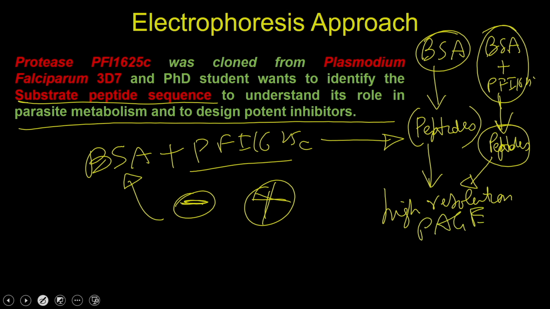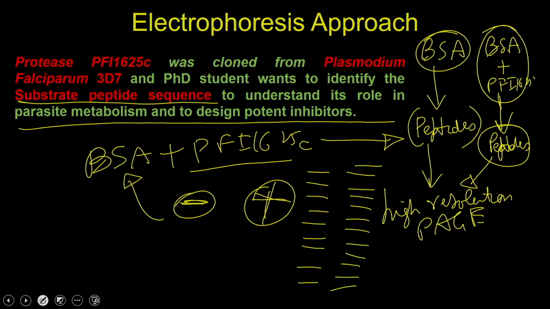When you do that, you are going to get the peptide sequences present in both samples. Definitely, with the protease present versus no protease, the number of bands you see is more in the presence of protease.